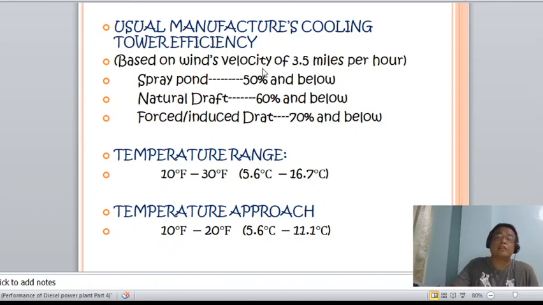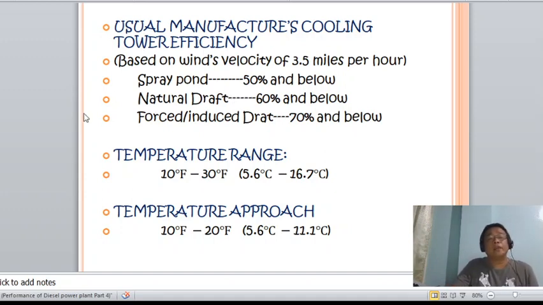So, take note that the most efficient cooling tower is the forced or induced draft cooling tower. But when it comes to the cost of operation, this forced or induced draft cooling tower is, of course, higher as compared to the natural draft cooling tower. Okay, so take note of that.